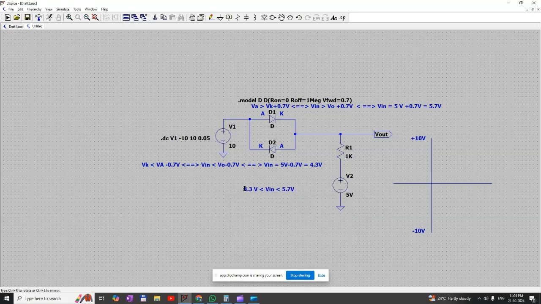What does it mean? When the diode is getting off, when the diode is getting on.